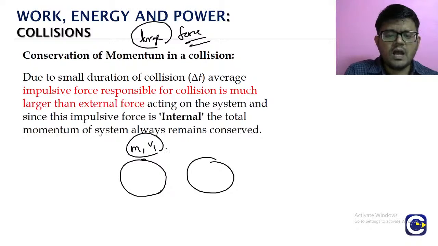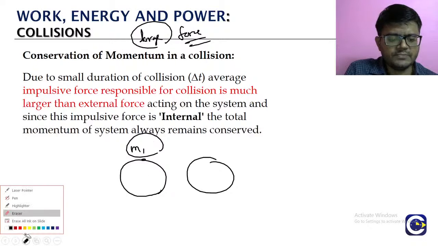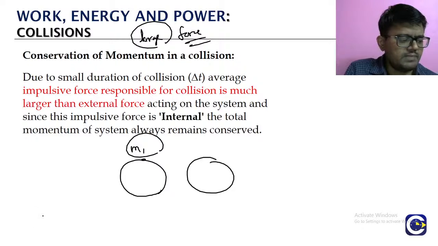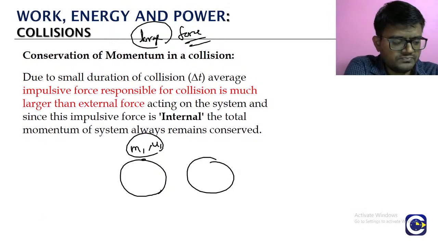Okay, instead of v1 we will use the symbol u. Generally, for initial velocity, what is the symbol we use? u, right? Initial velocity. So now we use the symbol u.